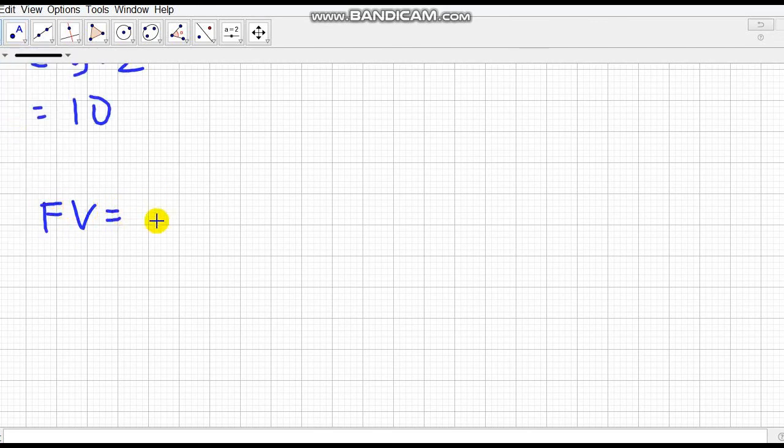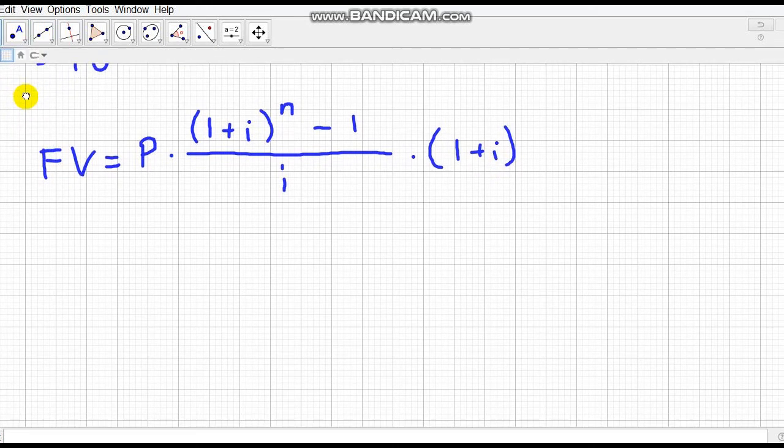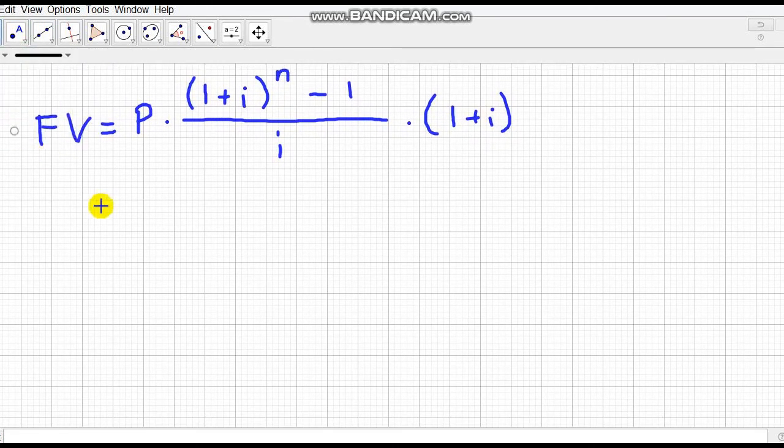FV is equal to the periodic payment times 1 plus I raised to N minus 1, all over I, times 1 plus I. So that's our formula right there.